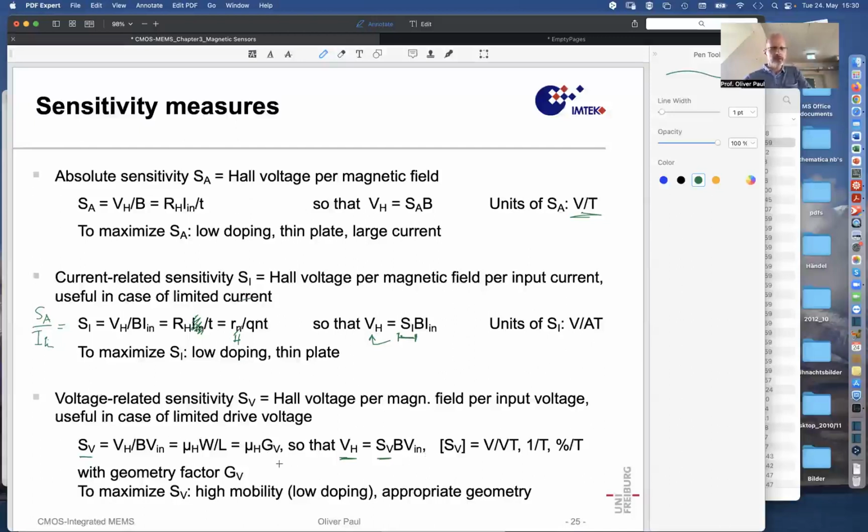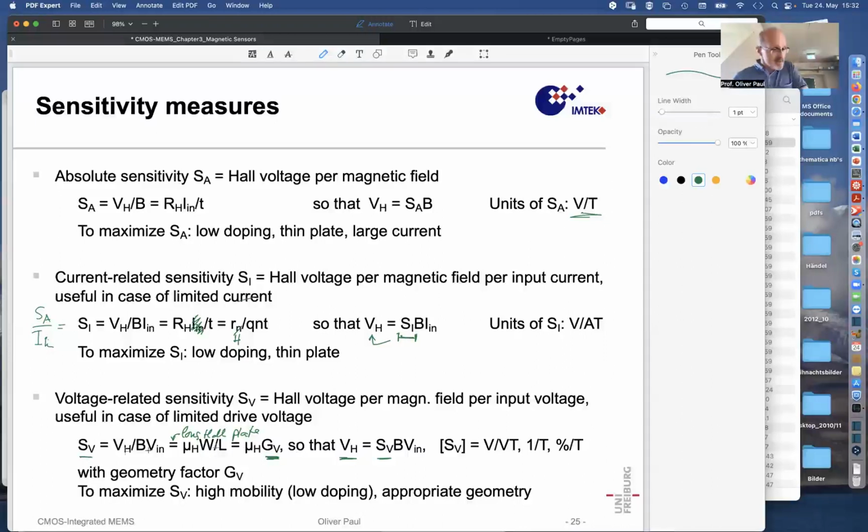And it's easy to see that, for the long Hall plate, this is mu H times W over L. In very general terms, this is mu H times some number reflecting the geometry, not necessarily the width over the length, but some geometry parameter that catches the whole geometry in one single calibration factor, GV.